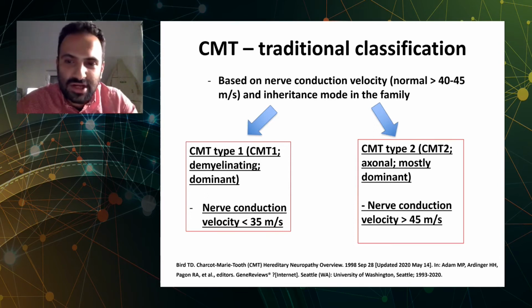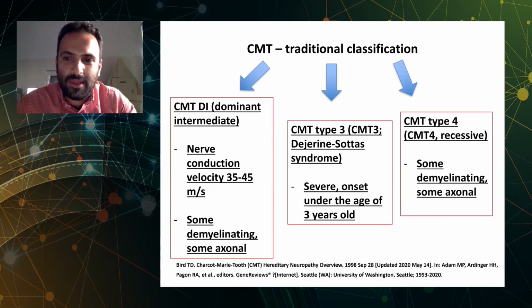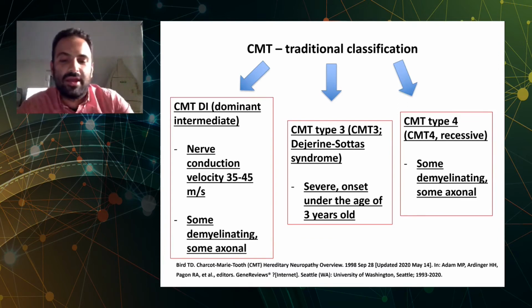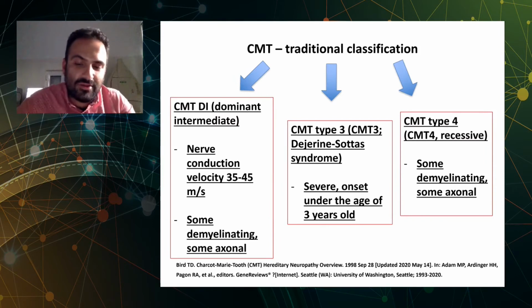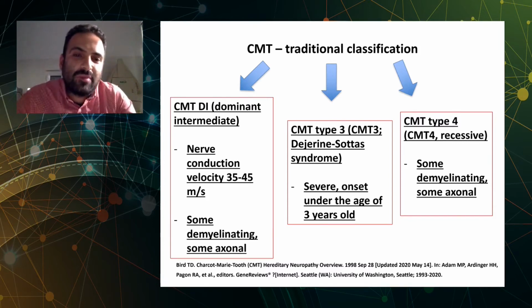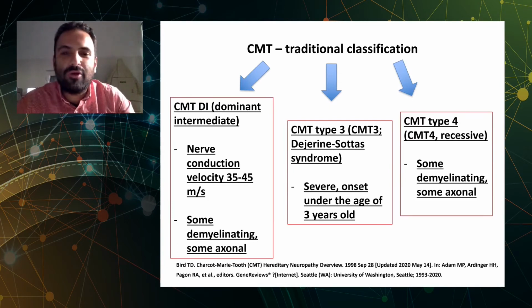So other terms were coined at that time, and are part of the traditional classification, which is dominant intermediate, characterized by intermediate velocities for the nervous impulse, and Dejerin-Sottas syndrome, which was called CMT type 3, but this is a rather ambiguous term because all of the severe forms of CMT could be included in this particular type. And CMT type 4, which refers to recessive forms.